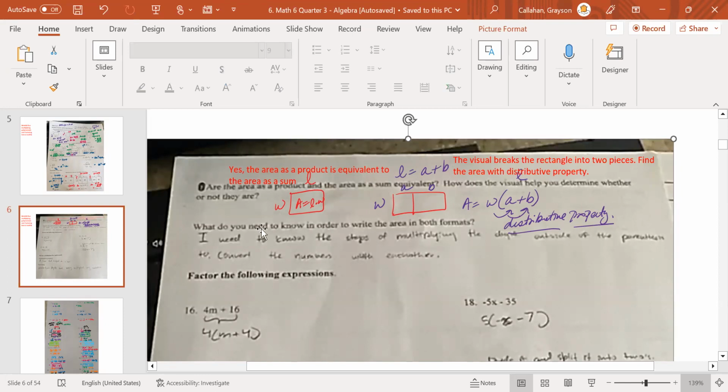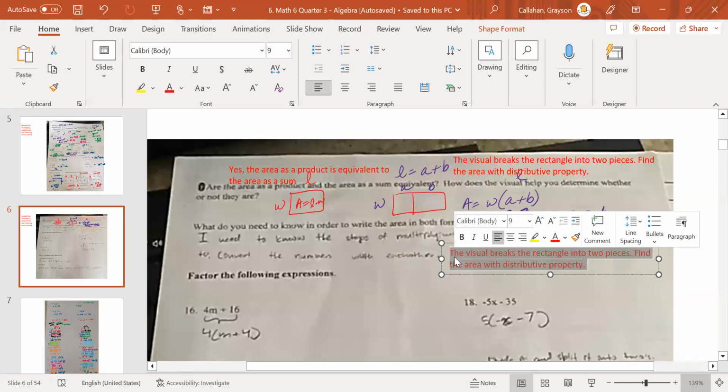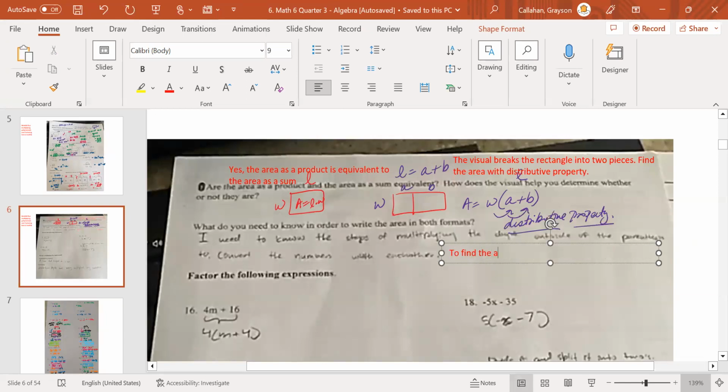All right, what do you need to know in order to write the area in both formulas? What do you need to know? How do you find the area? Area equals what times what? Length and width.